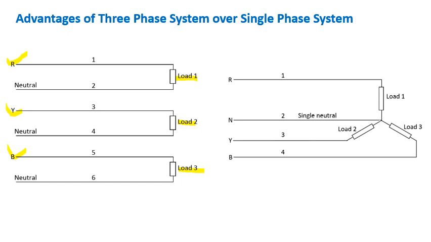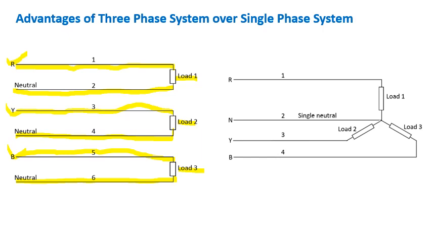Now in order to feed this load 1, you need one conductor to feed it and the other conductor as a return path for this load. Similarly, it requires two conductors for load 2 and two conductors for load 3. It means all the loads need a neutral wire for the current which is coming back to the source.